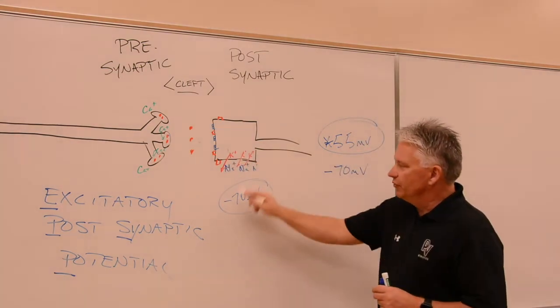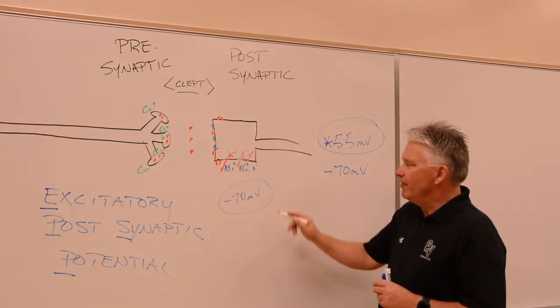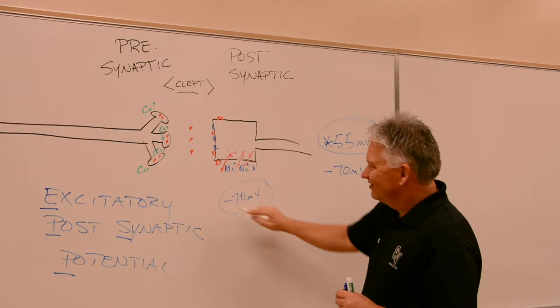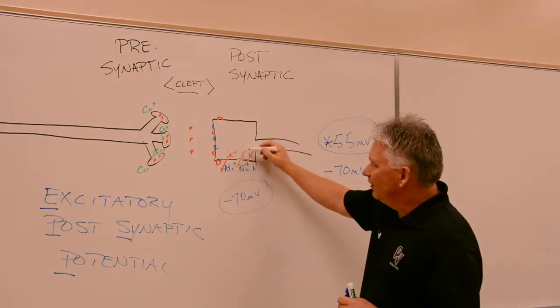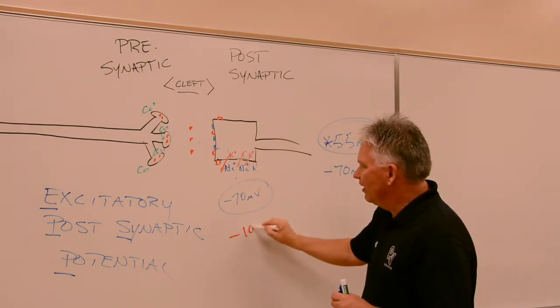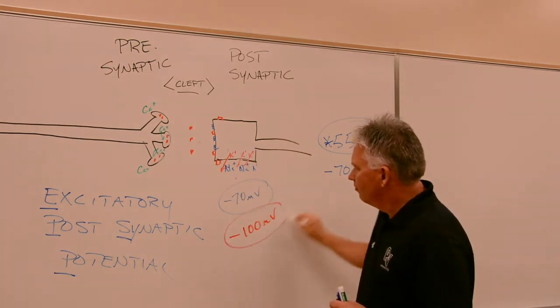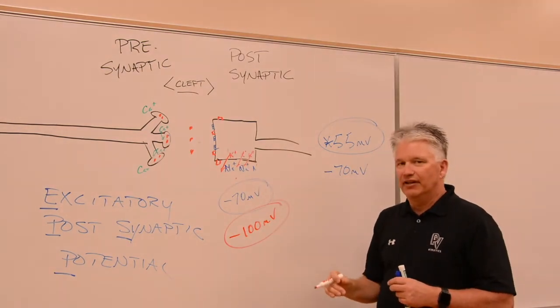What would I be doing to this resting membrane potential? Am I making this less negative or more negative? Well, I'm eliminating positive. So in this case, I'm going to become even more negative because I'm allowing potassium to leave.